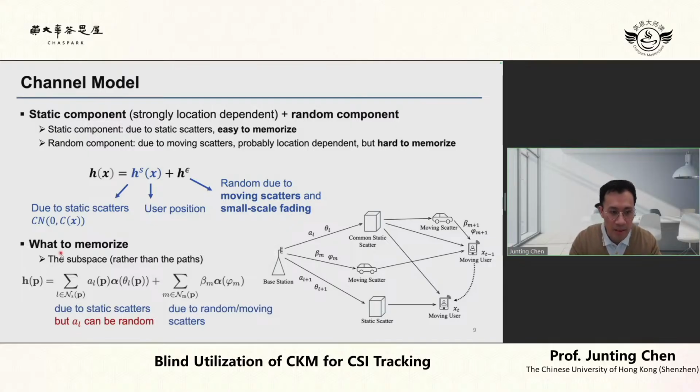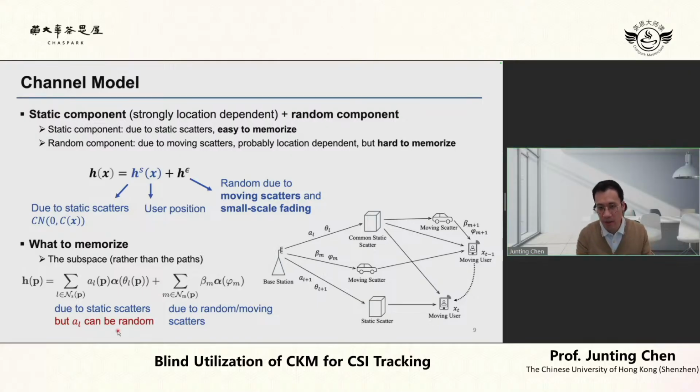And so what to memorize? Instead of memorizing the channel realization that is caused by the static scatterers, it's better to memorize the subspace of this component, right? The reason is that this component, although it comes from static scatterers, is also random. This can be seen from this formula, where if we use a multipath model, then the static component comes from this multipath, where the path gains a_l can be random, right?